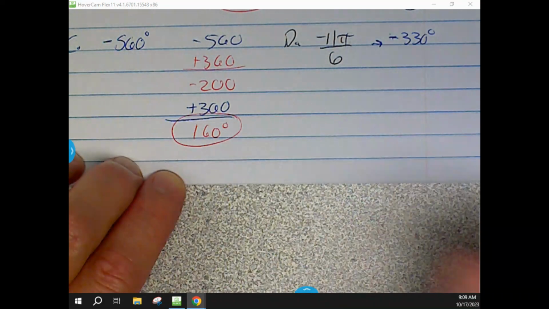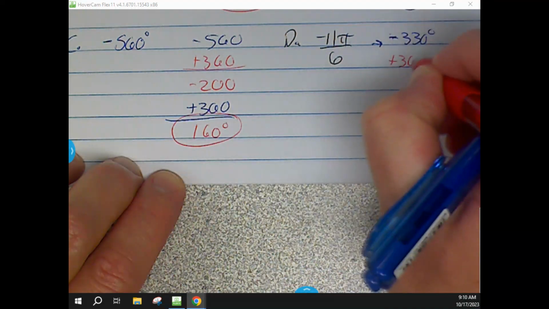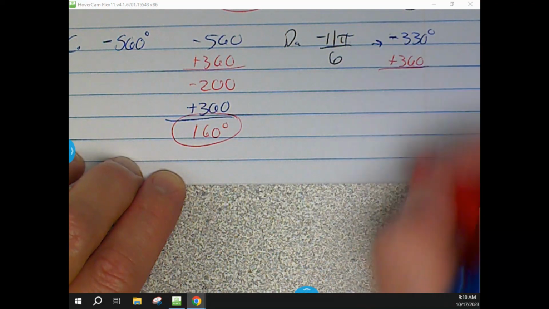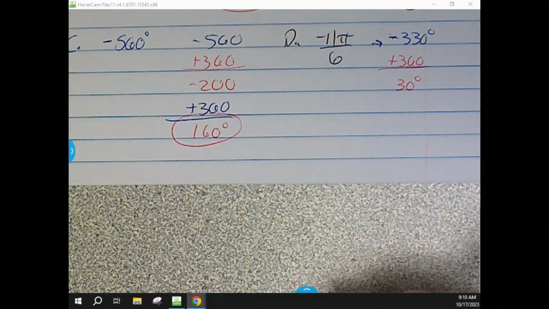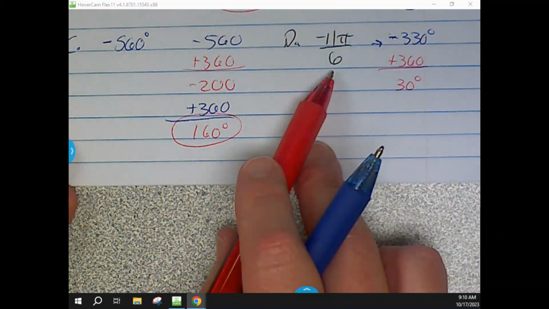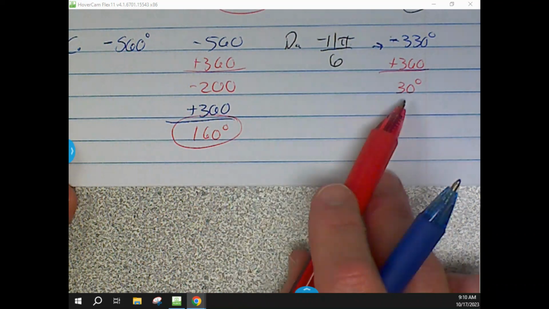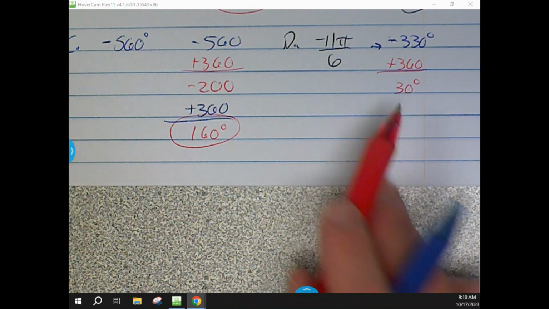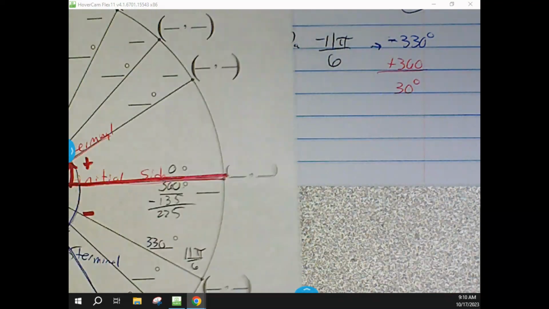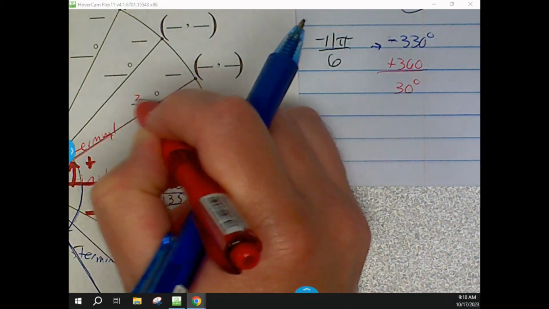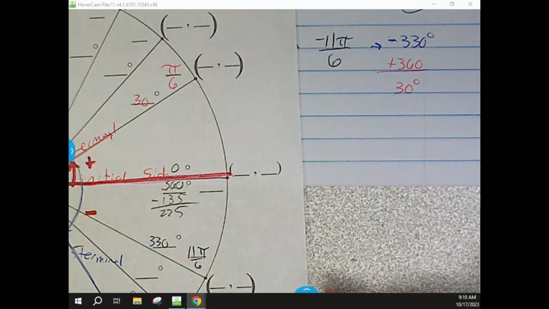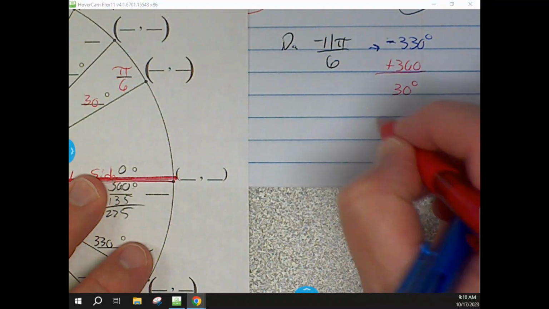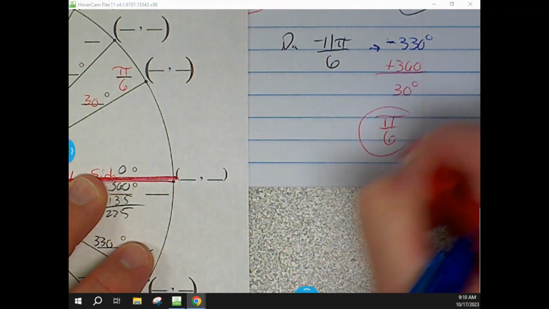So to find the coterminal angle, we're going to add 360 to that. If we do that, we get 30 degrees. Now, that is the answer, but if they give you the question in terms of radians, you also need the answer in terms of radians. This one's in degrees. So then basically you go to your 30-degree angle, which would be here, figure out that that would be pi over 6. And so the answer that you get for this one that should be coterminal should just be pi over 6.